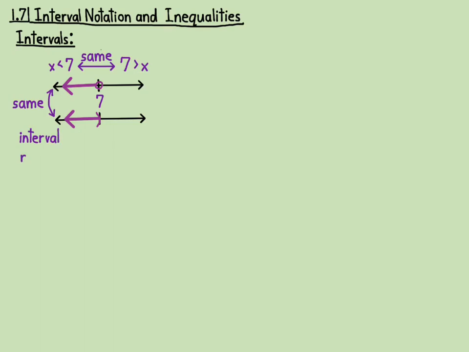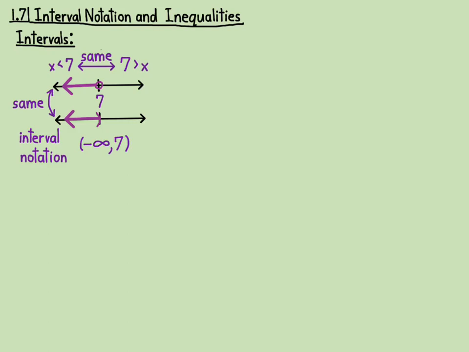In interval notation, you always read left to right. Never read right to left. On the number line, you're reading left to right. So you start with negative infinity, which is that left arrow, comma 7. Not 7, comma negative infinity. Negative infinity is never on the right. It's a left arrow. It can't be on the right-hand side.